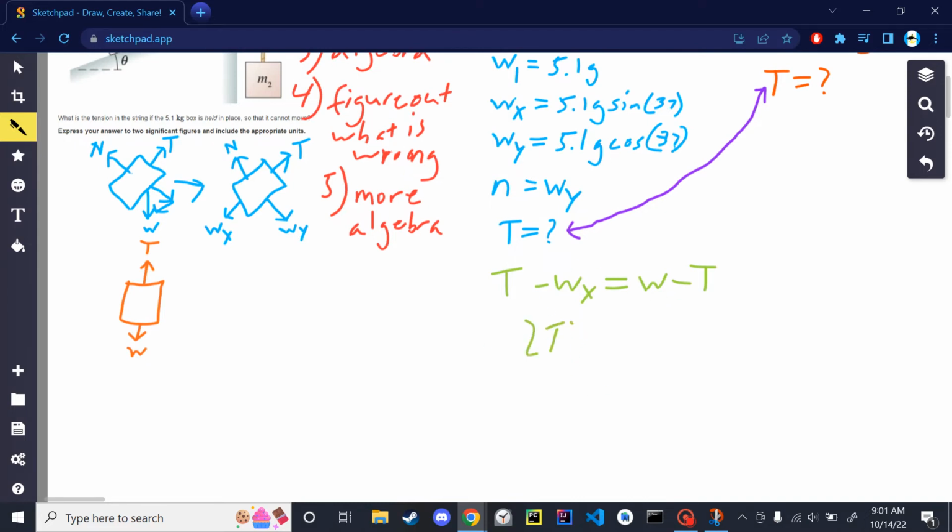So 2t is equal to W plus Wx. So t would be W plus Wx divided by 2.